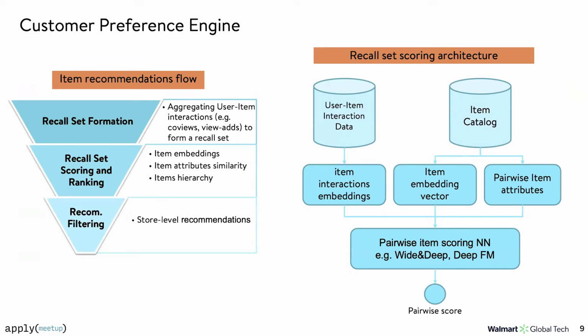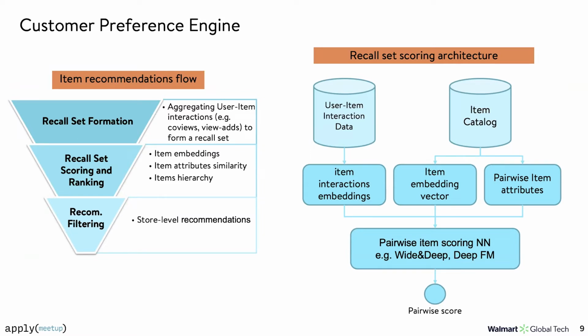So coming to, at a very high level, how do we build the customer preferences engine? As you can see here, on the left-hand side is the item recommendation flow, and we have a more detailed look at what the recall set scoring architecture looks like.